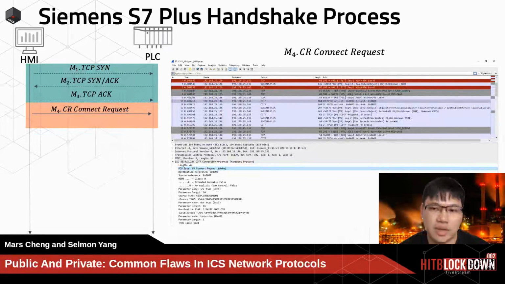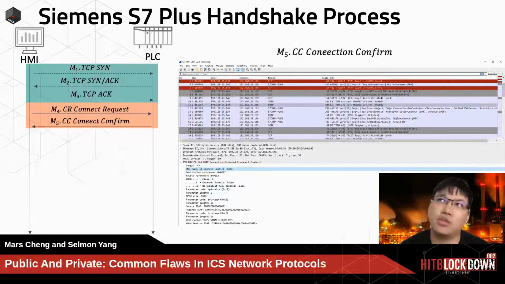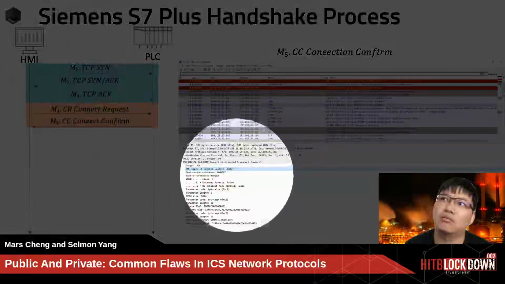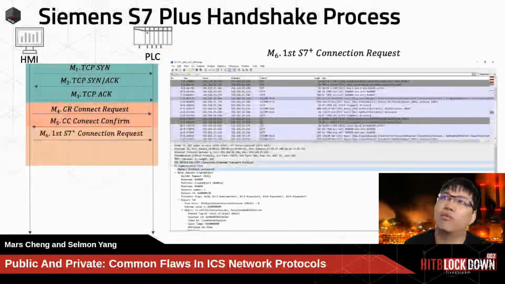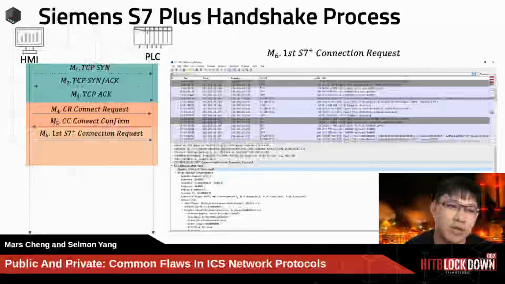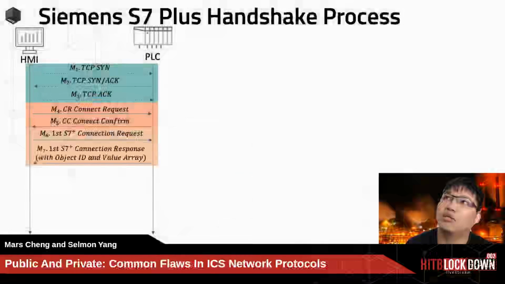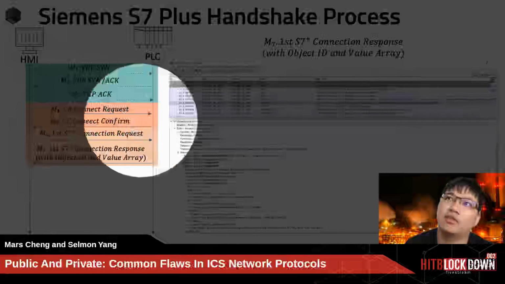Of course, after starting its encryption method, it can open another attack path to identify the attack. So in this handshake process, you will find some TCP handshake or first-time S7 connection, or something like a connection response with object ID and value array.